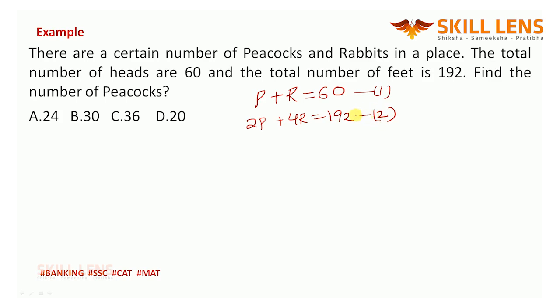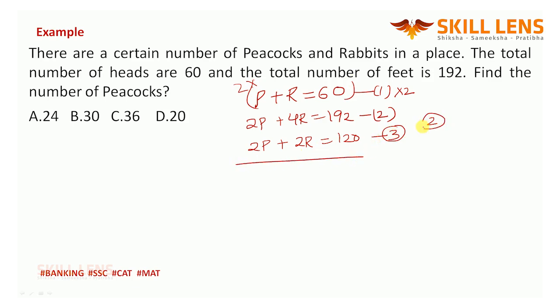The general way of doing it: if you multiply the first equation with 2, your new equation will become 2p plus 2r equals 120. Let's say this is equation 3.